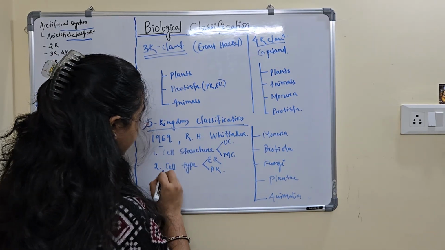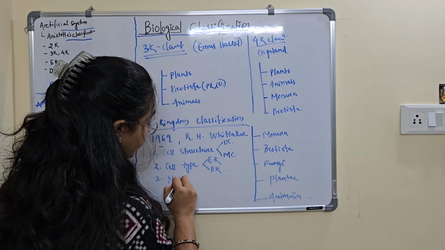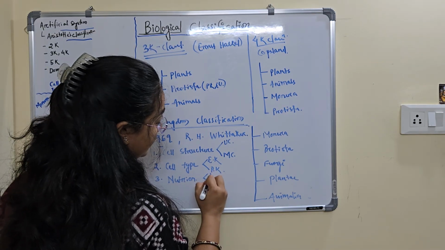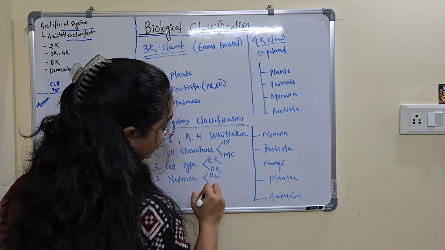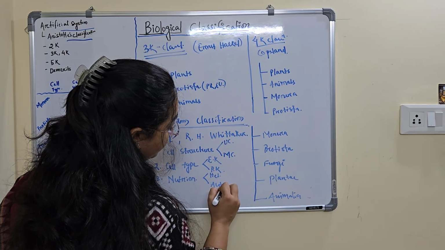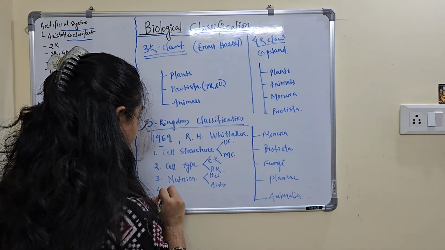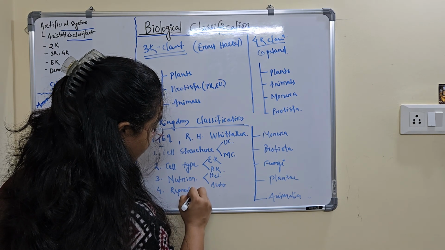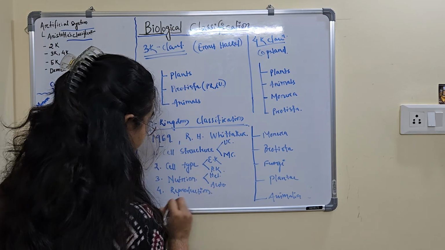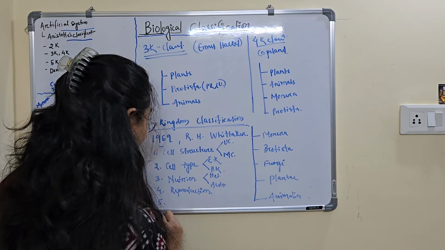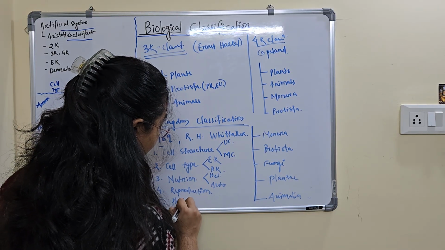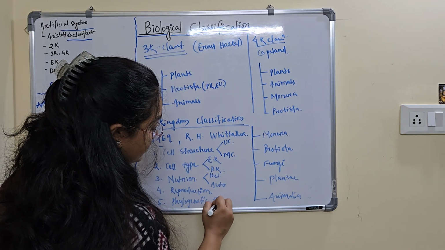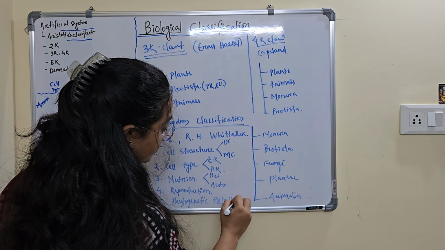Then he took into consideration the mode of nutrition, whether it is heterotrophic or autotrophic. Then reproduction, method of reproduction, and the most important one is the phylogenetic relationship.